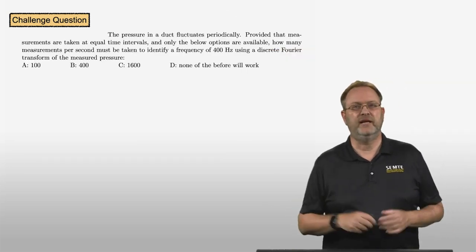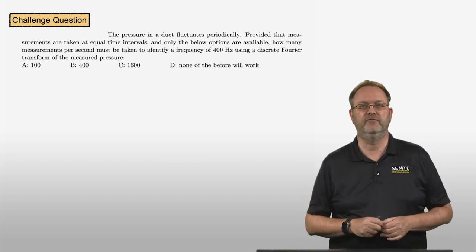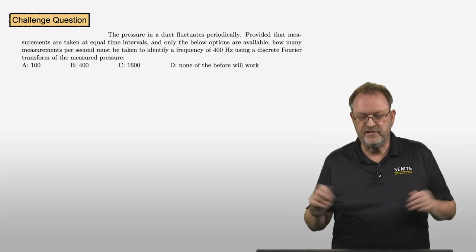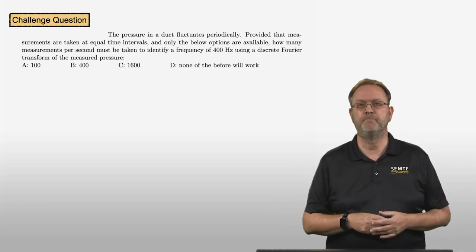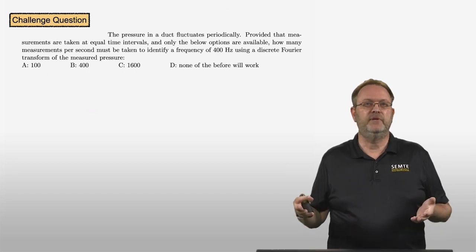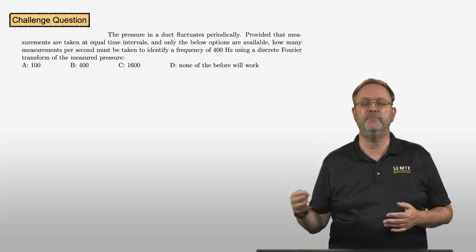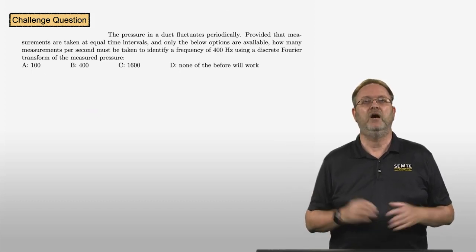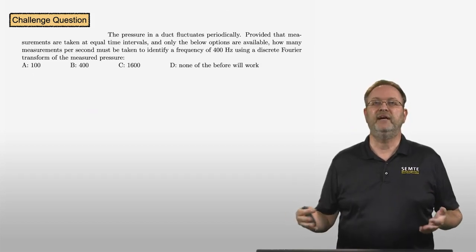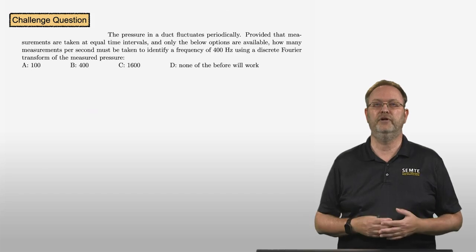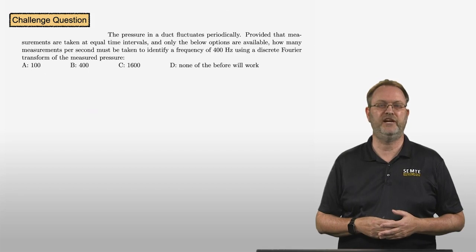Okay, so let's do a challenge question that asks about the application of the discrete Fourier transform. So here's the scenario. The pressure in a duct fluctuates periodically, and provided that measurements are taken at equal time intervals and only the below options are available, how many measurements per second must be taken to identify a frequency of 400 Hertz using a discrete Fourier transform of the measured pressure?